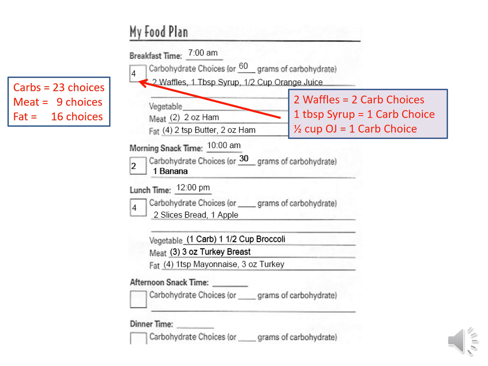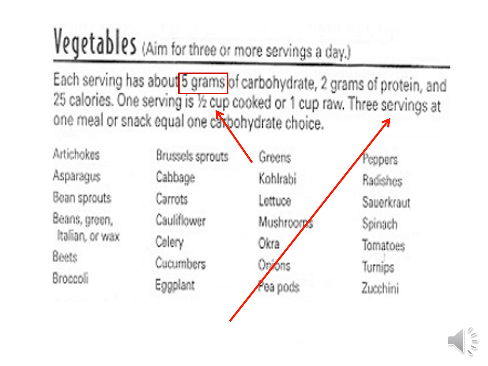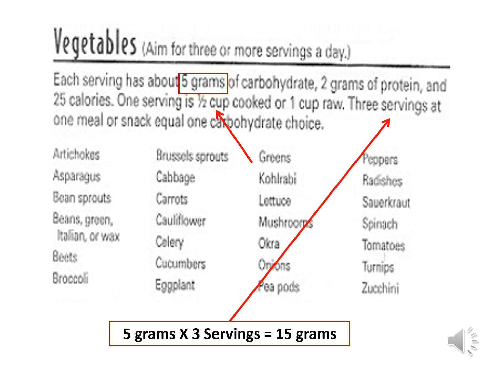And then you'll notice for snack, I have 1 banana, which is 2 choices. Okay? Now, if you're going to have vegetables for lunch, you'll notice that each serving of vegetables, which is 1/2 cup cooked or 1 cup raw of the ones that are listed, is 5 grams for every 1/2 cup.